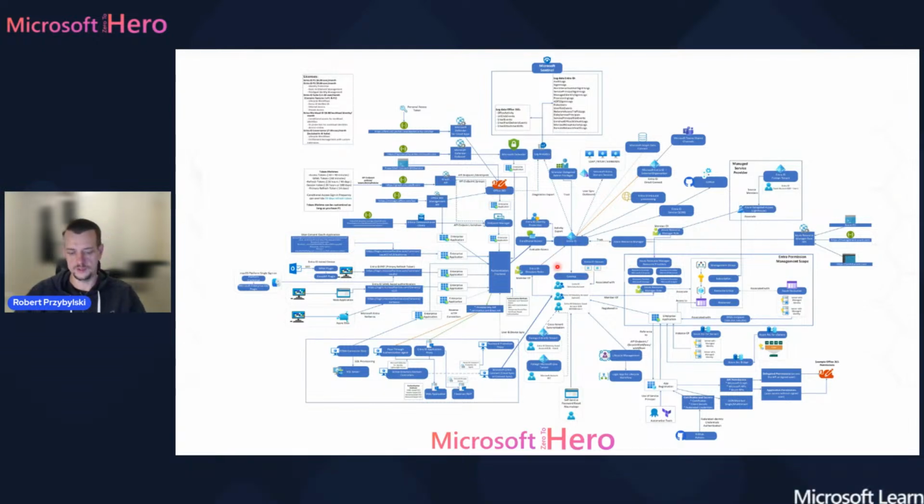The reason I'm showing this is that you can see from a helicopter point of view how many resources, objects, and systems are connected to Entra ID. You can have Office 365, Teams, subscriptions, communication tools, and even different tenants. So basically more and more things, and this is why we need to protect it.